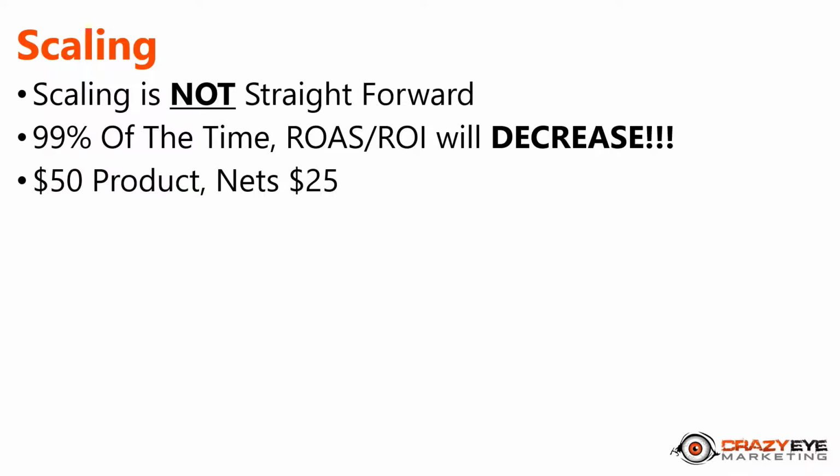So let's say, for the sake of example, we have a $50 product and it nets $25. Either it's a physical product and we have to buy the physical product and we have a $25 margin on it, or maybe we're selling a digital product, but by the time you provide service for it and you answer questions and all that other stuff, you're only making $25 profit. So basically you're netting $25, right?